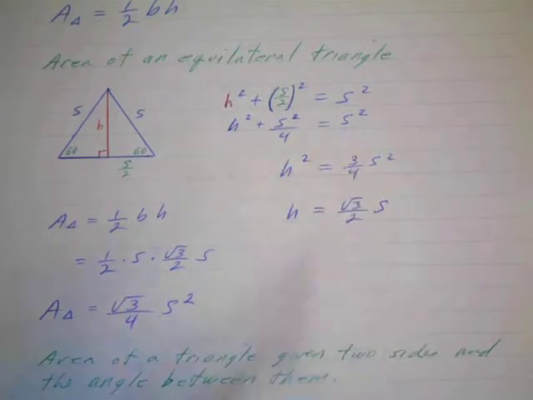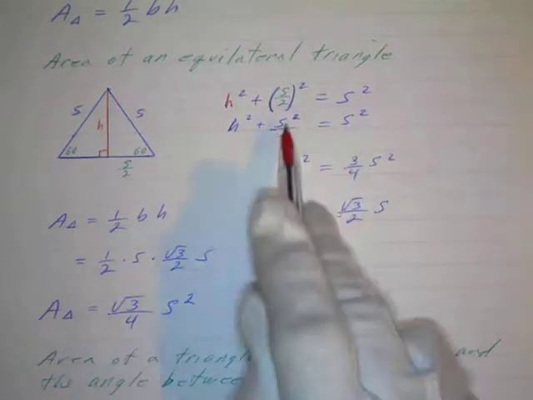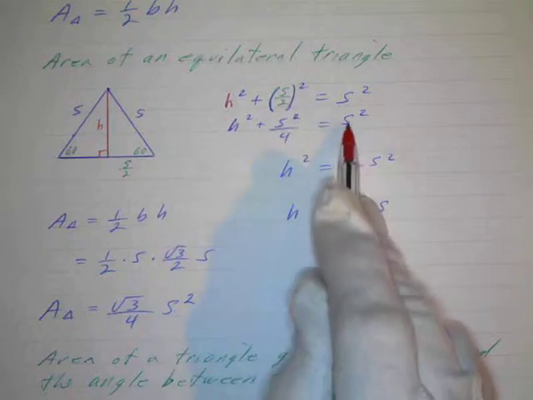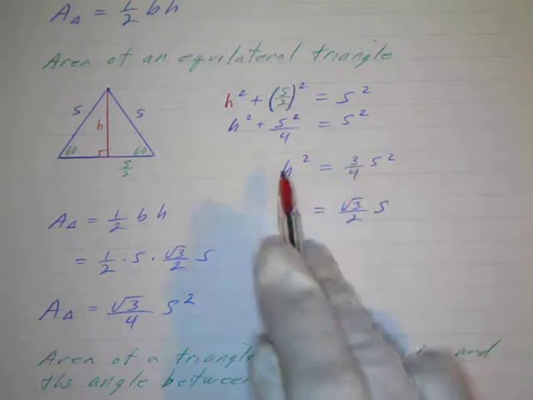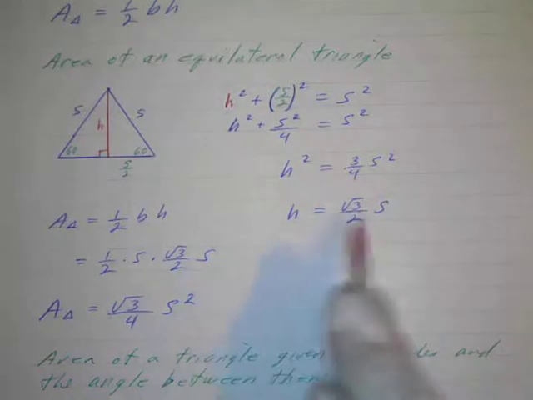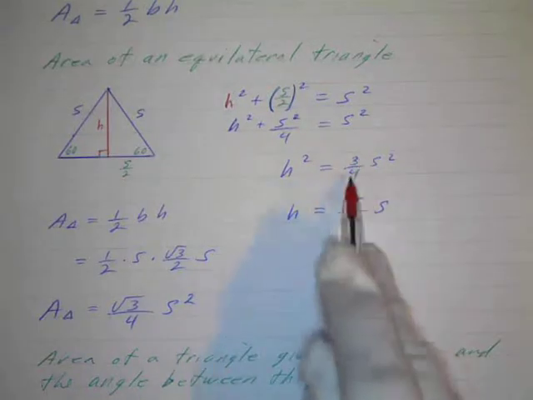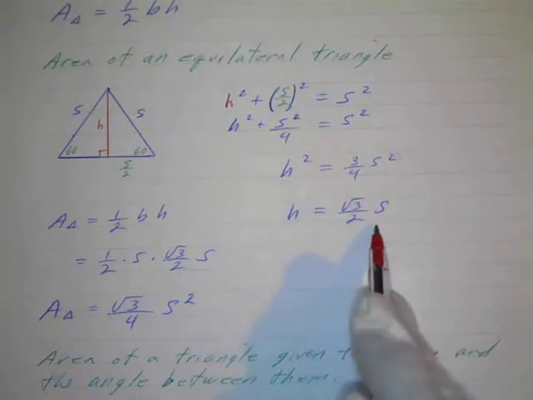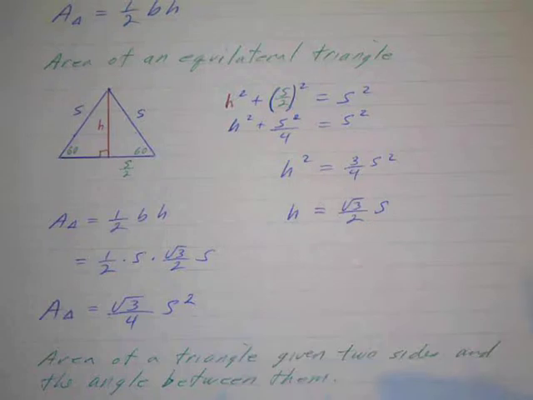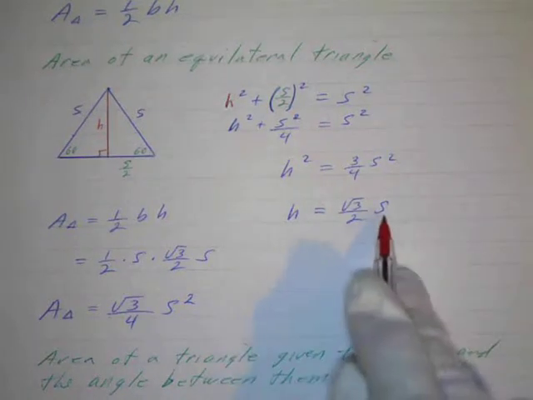And then if I subtract 1/4 s squared from 4/4 s squared, because that's the same thing as 1 s squared, I get 3/4 s squared. And then if I take the square root of both sides, h equals the square root of 3, and the square root of 4 is 2, and the square root of s squared is s. Now it's usually the absolute value of s, but s is going to be a distance, so it's always going to be positive, so we don't worry about the absolute value.